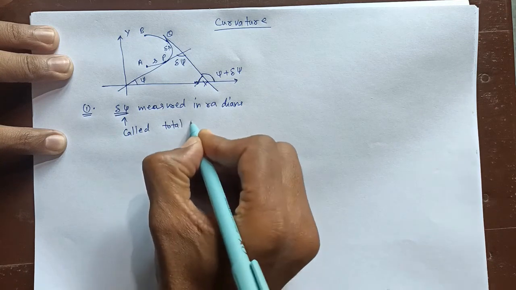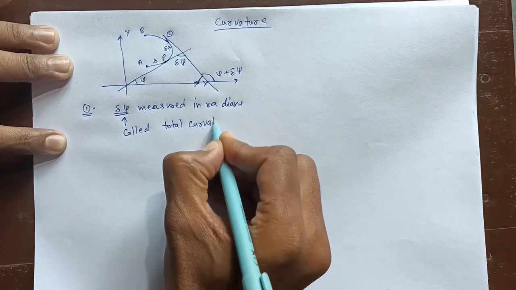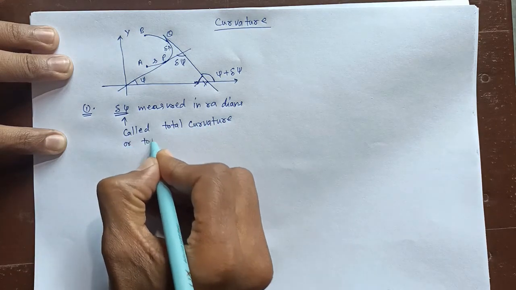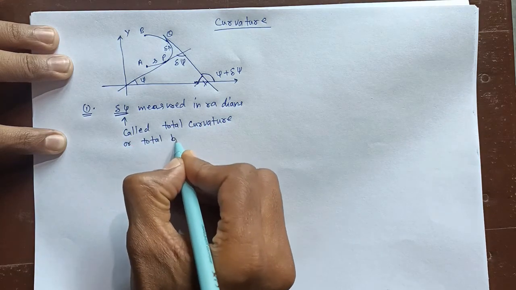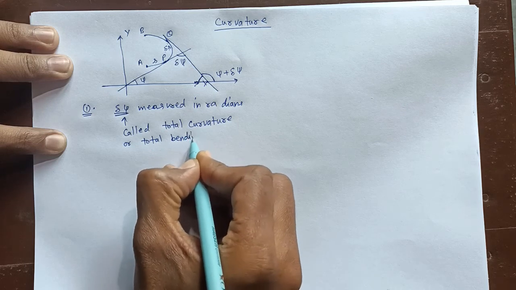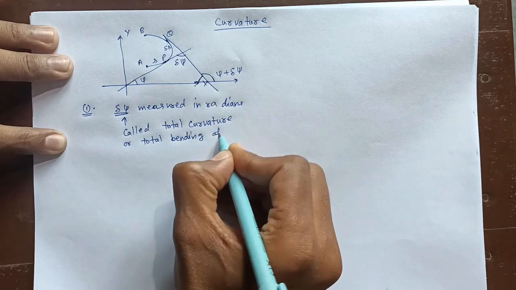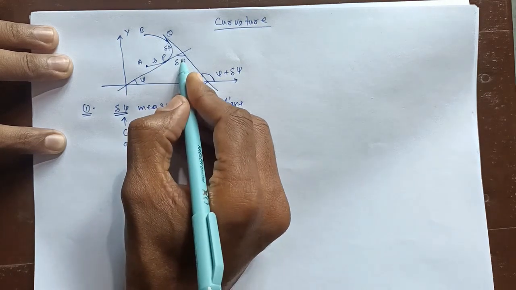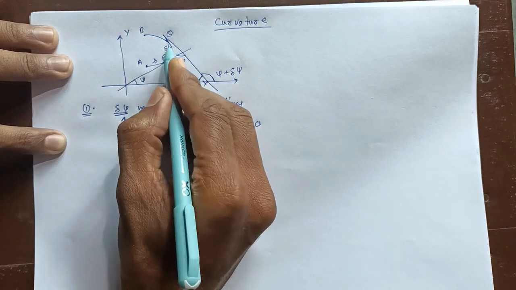And we can say total bending of arc PQ. This delta psi is called total bending of arc PQ.